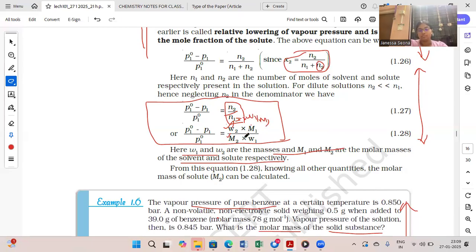What will happen is M1 will come to numerator, W1 will go to denominator. This is the equation you should never forget. This is the equation that is used for the calculation of molecular weight of solute.